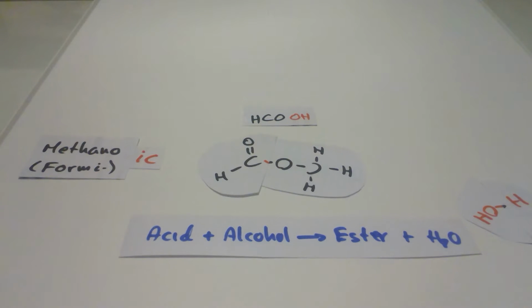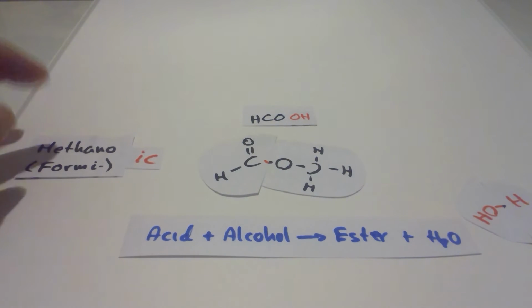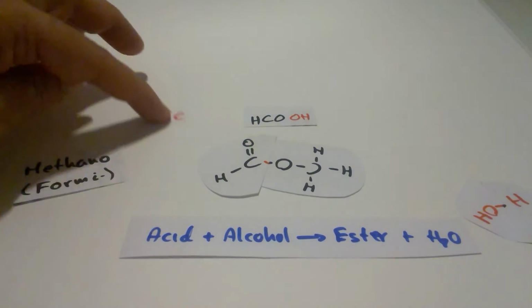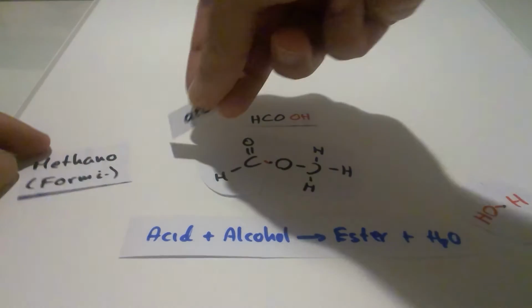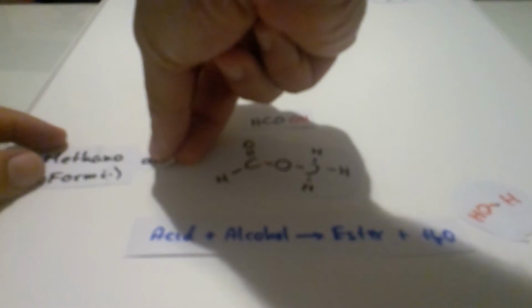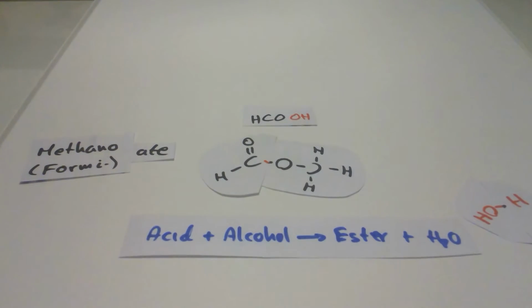And what we have is, instead of having the methanoic, that also has the name of formic acid for historical reasons, in the same way we do with the rest of the acids, we will call it methanoate or formiate, okay? And we have to make sure that we know what is the other ending that we have added.